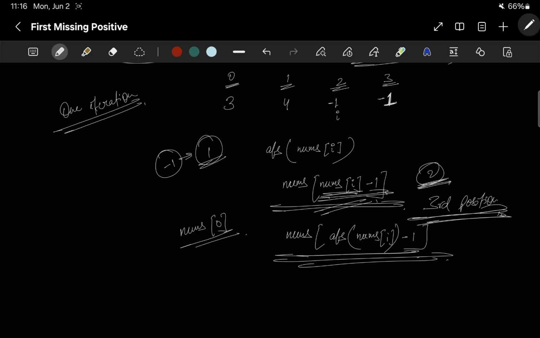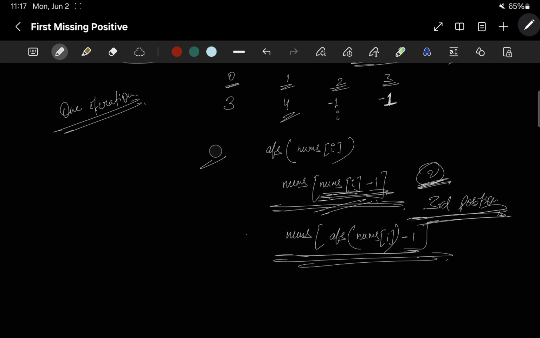Actually, nums of, right, my bad. So basically, I find the element at index 4. Okay, so nums I is 4, right? Yes. So it is nums of 4 minus, sorry, my bad.